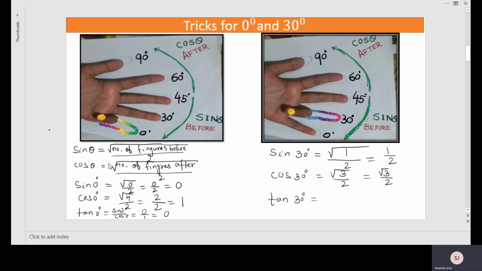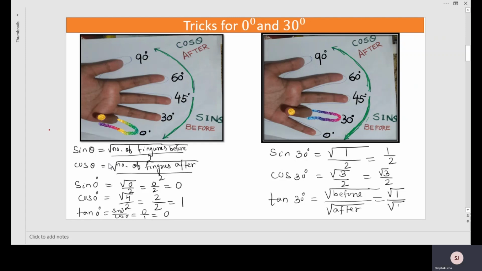Tan 30 degree is square root of before divided by square root of after. How much? Square root of before is 1. Square root of 1 divided by square root of after. After is how much? 1, 2, 3.